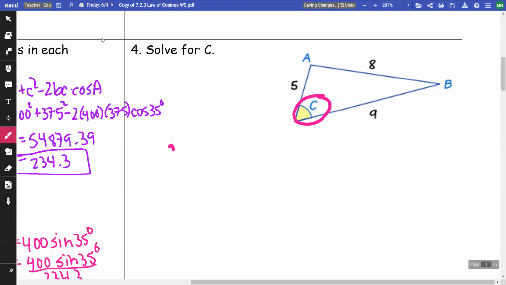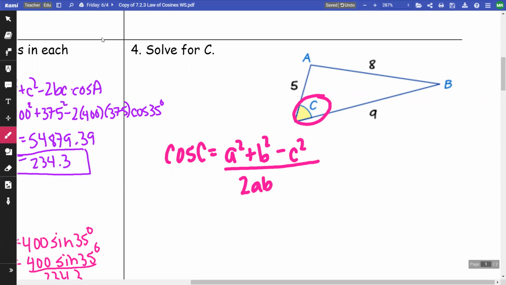So I'm going to do cosine of C is equal to a squared plus b squared minus c squared over 2ab. And just to make sure everyone understands what's what, this is across from angle B, so that's little b.